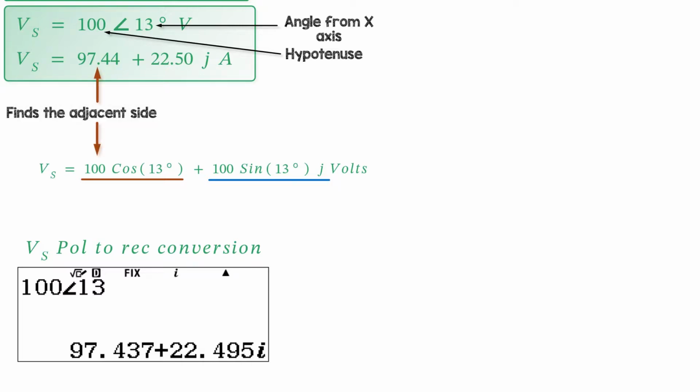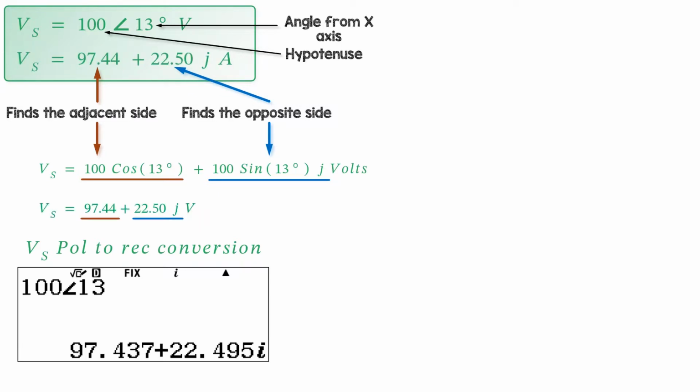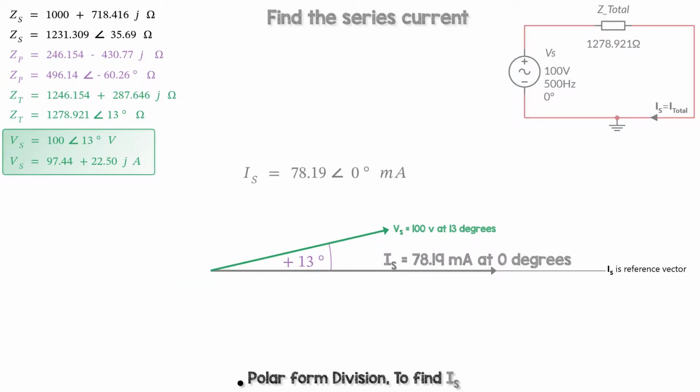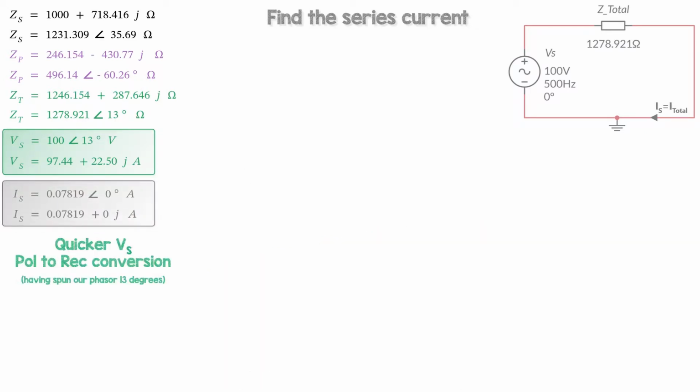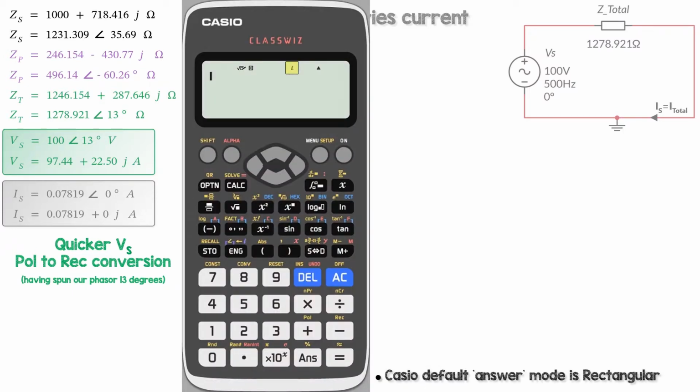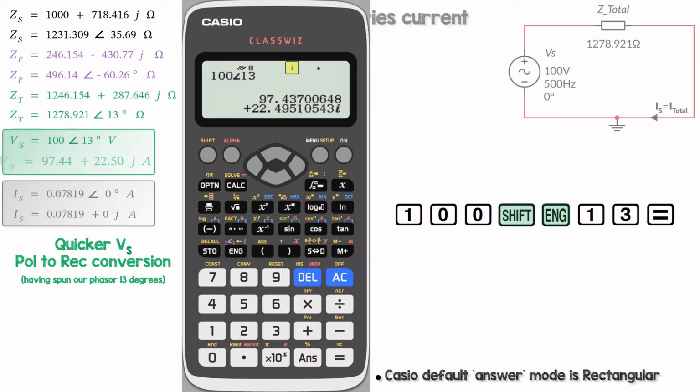Cosine gives you the adjacent side, sine gives you the vertical opposite side, so that's where that comes from. 97 plus 22.5j volts, that should say, per Vs. Much quicker to do it on a calculator in complex mode. Do 100, shift eng for the angle, 13 degrees, and press equals, and it gives you the rectangular supply voltage.